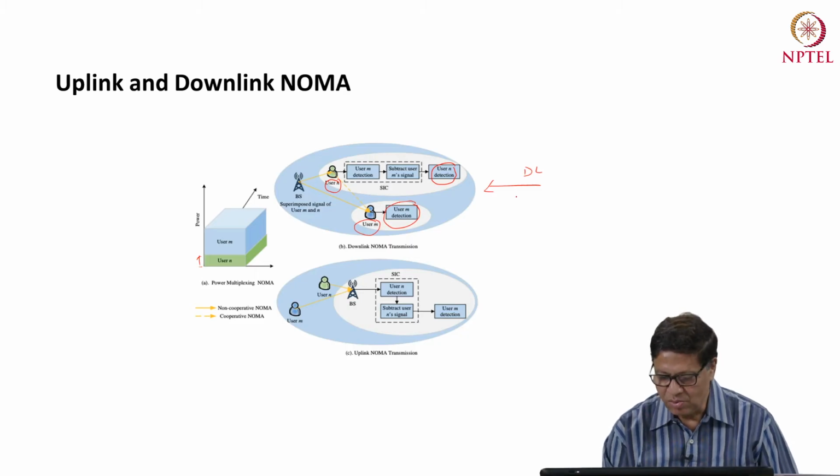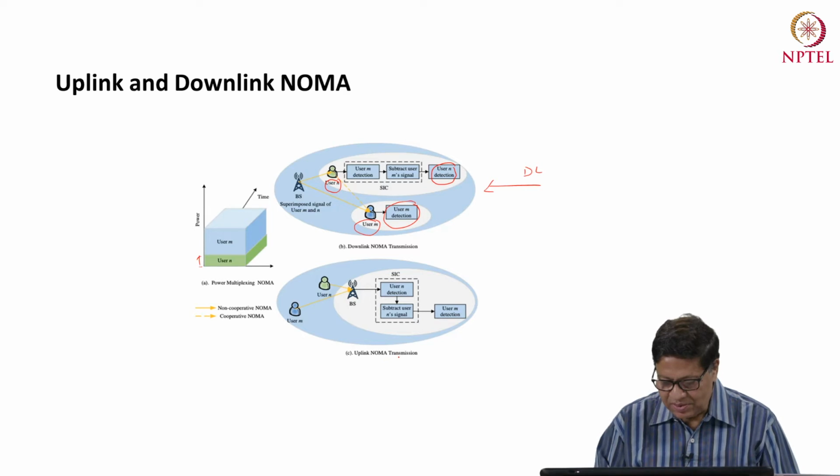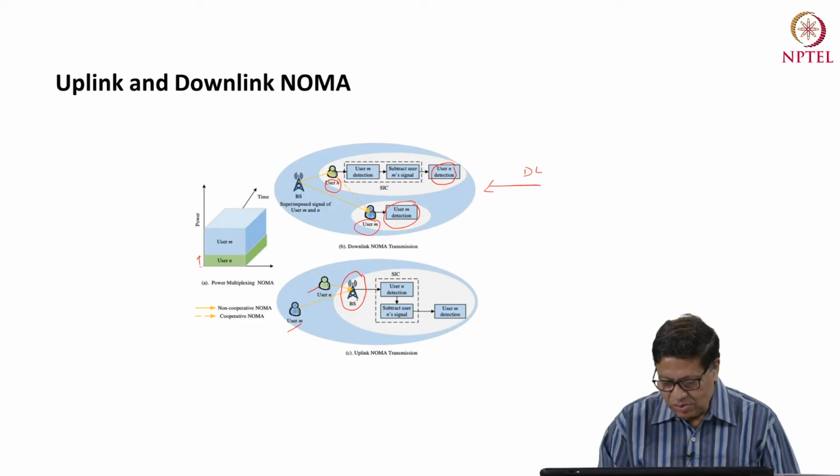This is a downlink transmission, and in the uplink transmission, you have two users, user N and user M, and the SIC operation happens at the base station. At the base station, first you detect user N because the signal is coming at a higher power level.